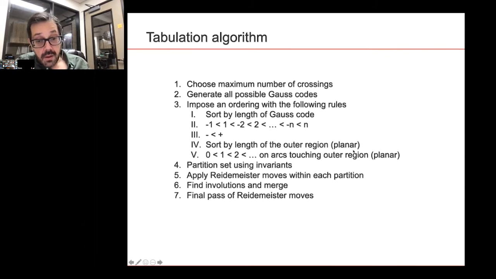If we work on the sphere, we are done by this step. If we work on the plane, we will also sort by the length of the outer region, and then we also order the arcs that touch the outer region of the diagram. So this is nice. We have a nice sorting of all our Gauss codes, and now we start evaluating them with a choice of knot invariants. We used two.